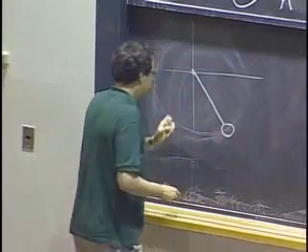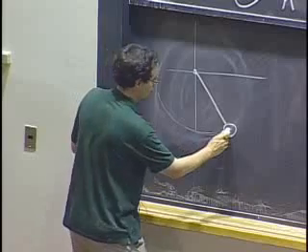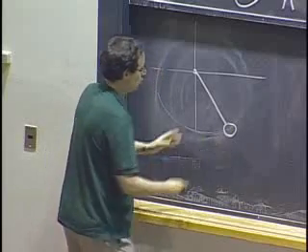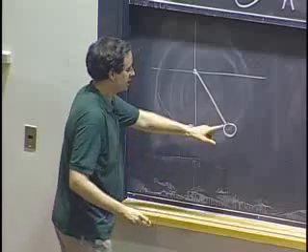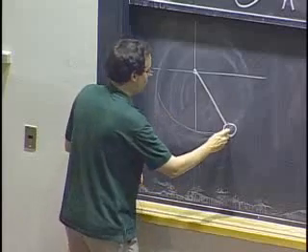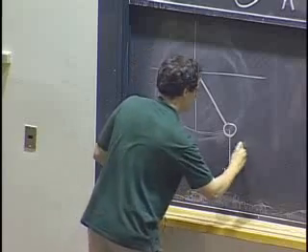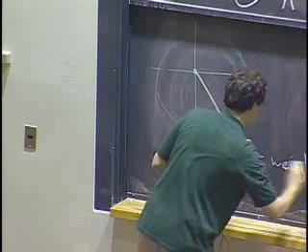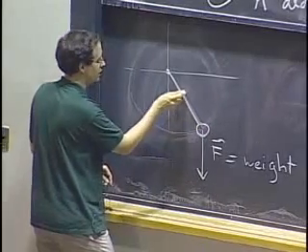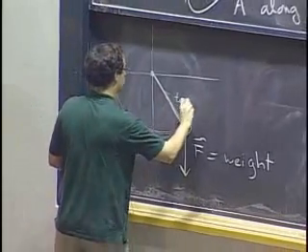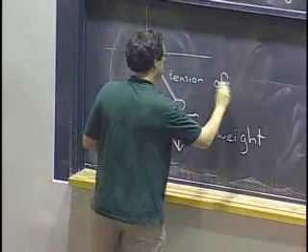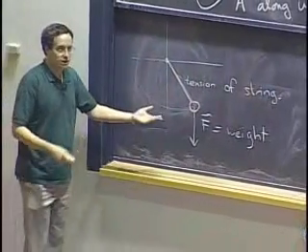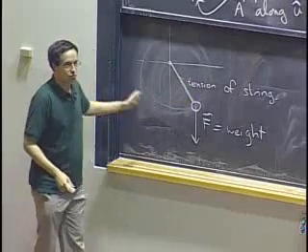But I claim that components of vectors are useful here to understand what happens geometrically. So what are the forces exerted on this pendulum? Well, there's its weight, which usually points downwards. And there's the tension of the string, and these two forces together are what explains how this pendulum is going to move back and forth.